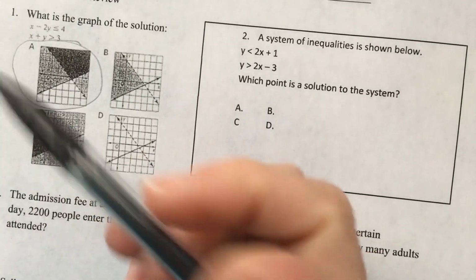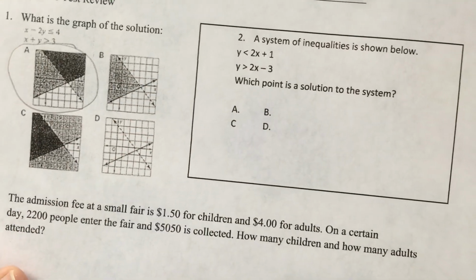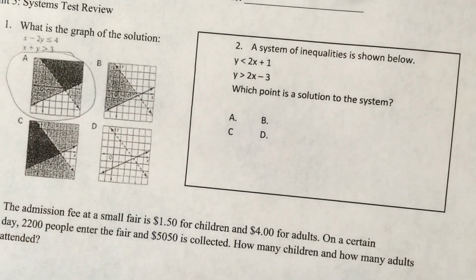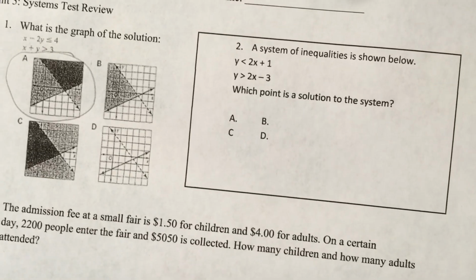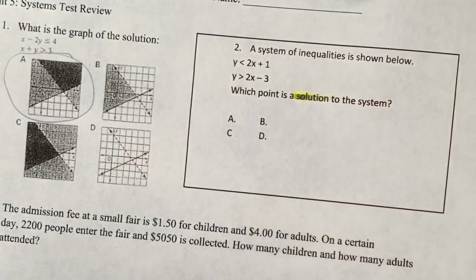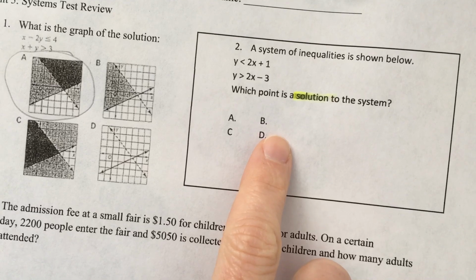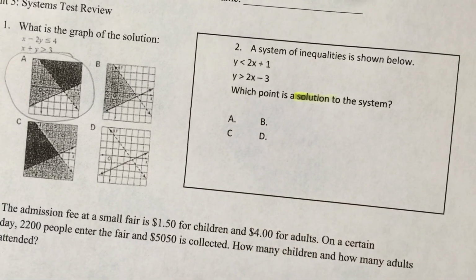If you're going to do this without Desmos, you would have to solve both of them for y in order to graph them. Alright, number 2, a system of inequalities is shown below. Which point is a solution? So again, I'm going to put this into Desmos. Oh, and it looks like my answers didn't print on this one.